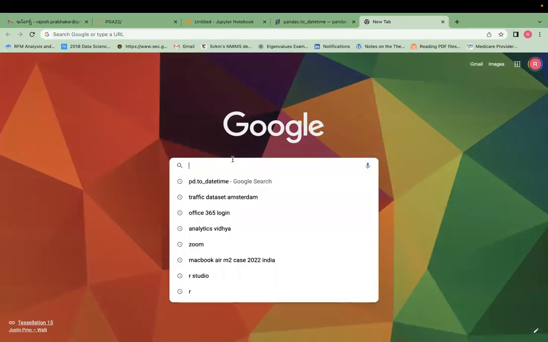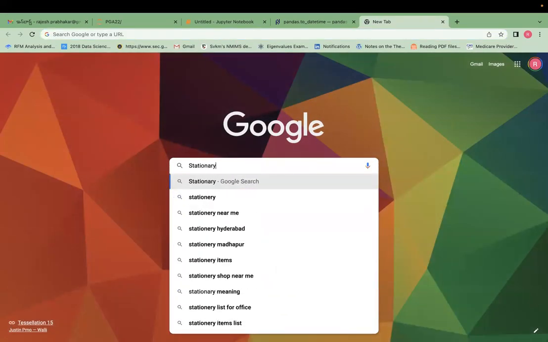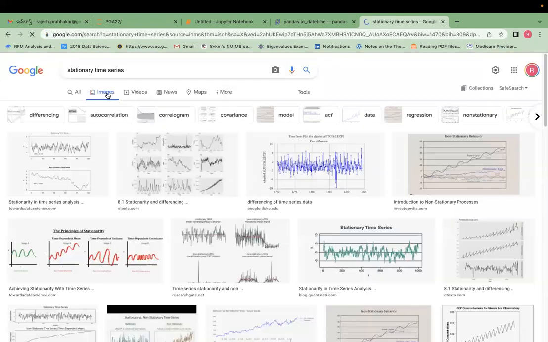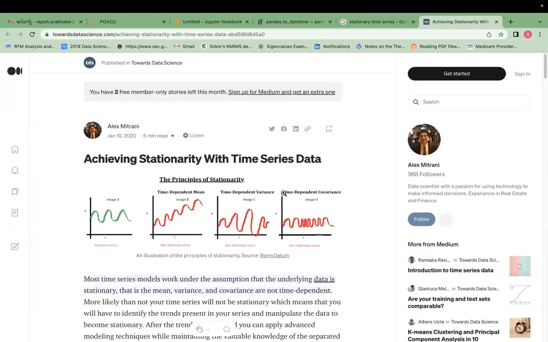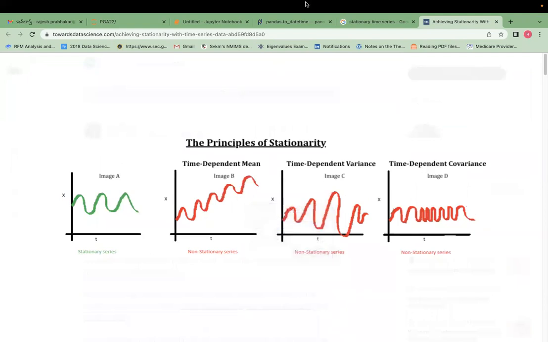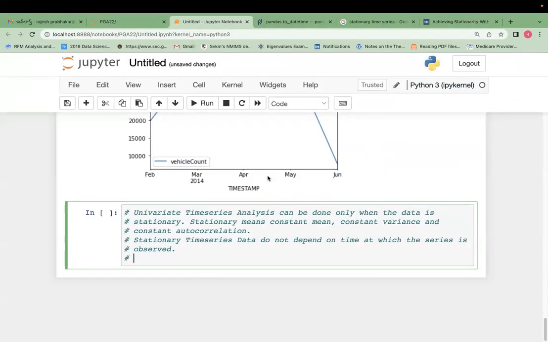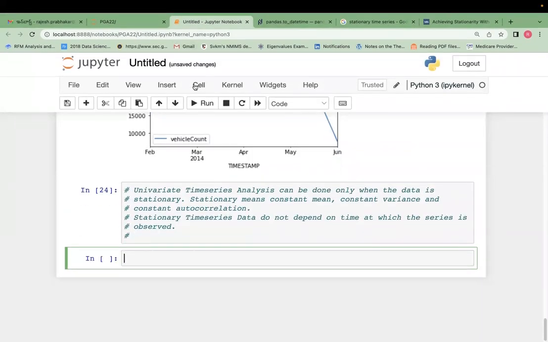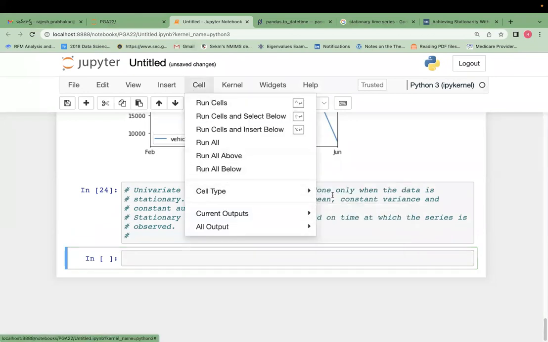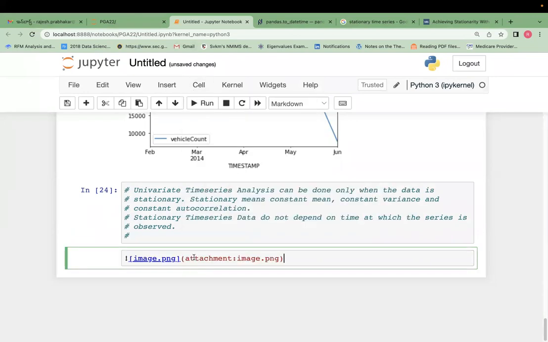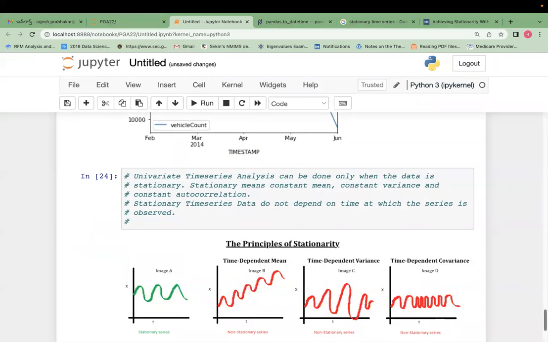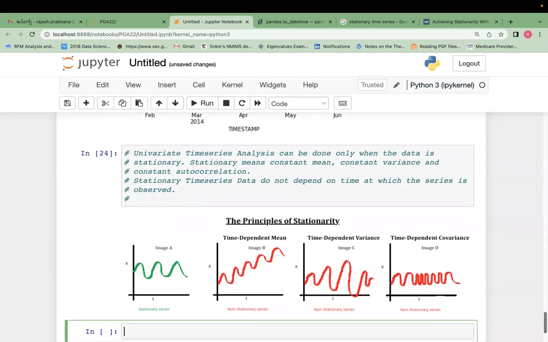So if you are looking at what we mean by stationary time series, the red ones are non-stationary.